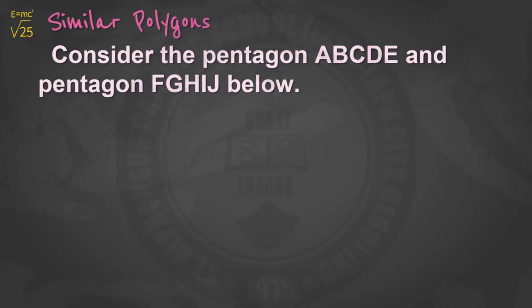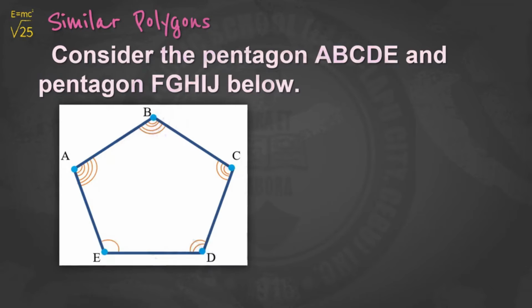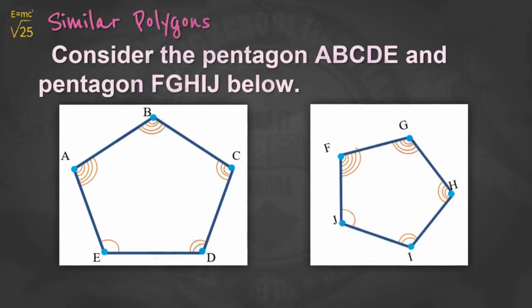Consider the pentagon ABCDE and pentagon FGHIJ below. Let us now identify the corresponding angles and corresponding sides of each figure.